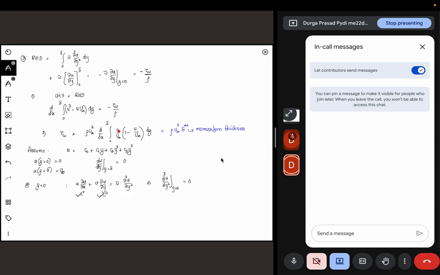We already know tau w is minus mu times du by dy, which we already know. So if I assume u as a function of y and substitute that in this integral, I'll get an equation for delta, and then I'll solve for delta. Once I get delta, I'll be able to calculate my u and tau w from there. That is the whole idea in this integral method.